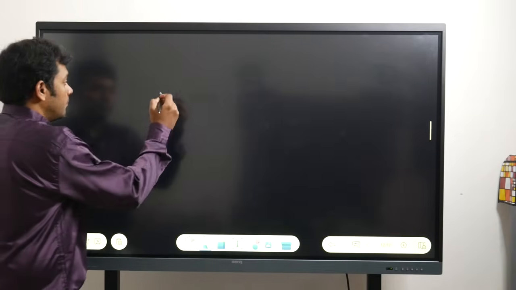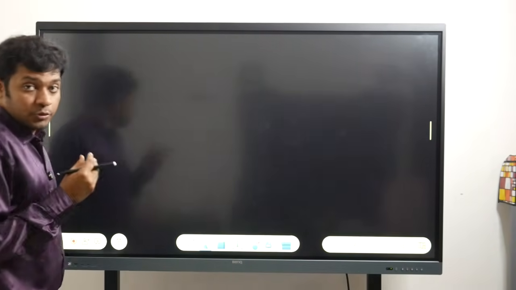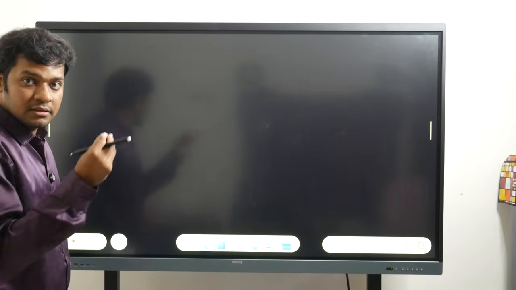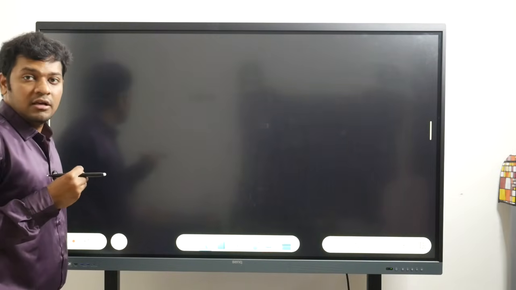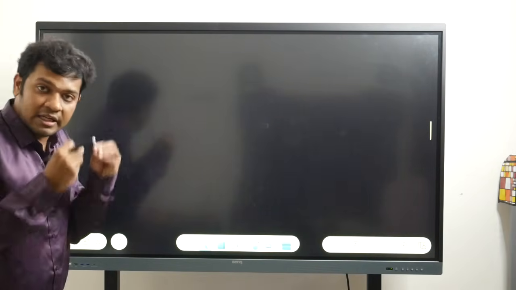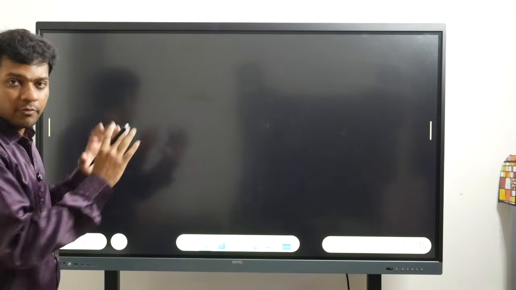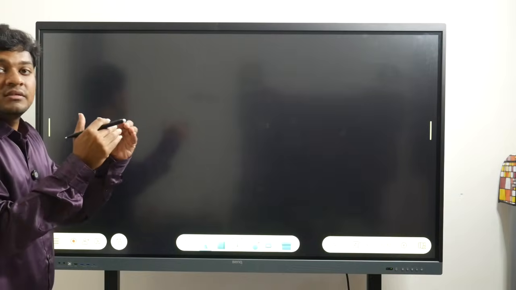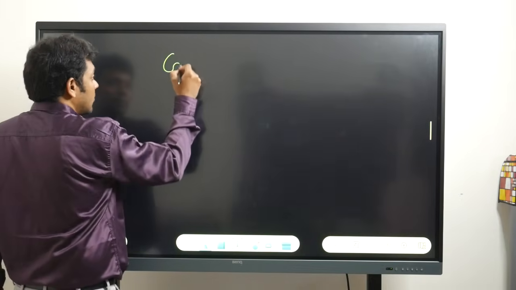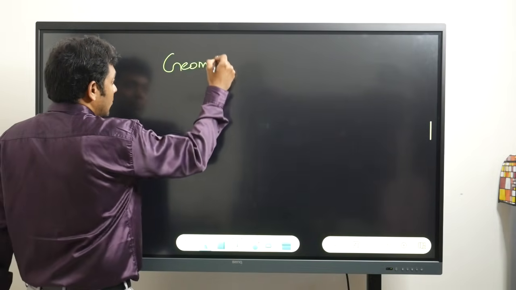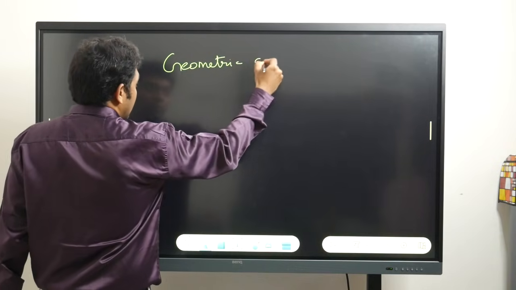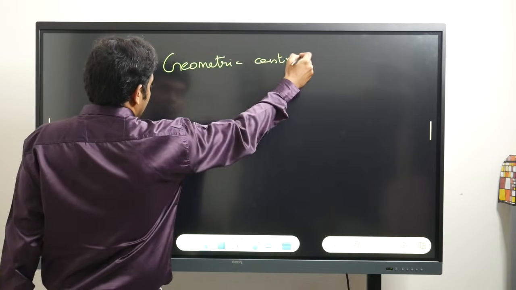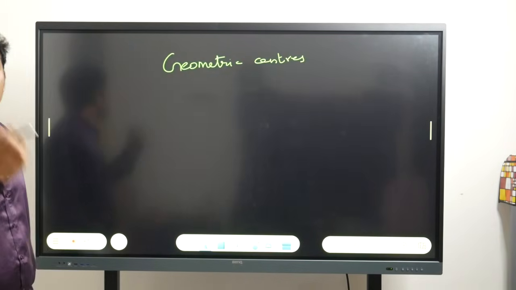Now we are stepping into a slightly higher level, which is going to be geometric centers. Till now we just saw the basics of parallel lines and triangles. Now we will see geometric centers. There are four geometric centers.